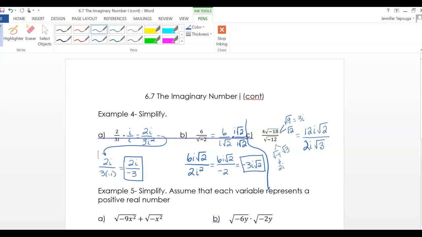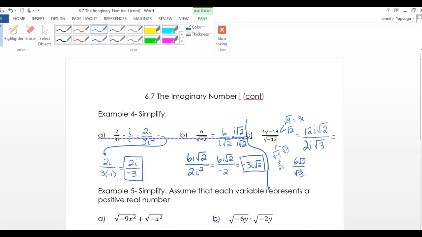Before we move on, we can simplify this fraction before we take care of rationalizing the denominator. So I've got 12i divided by 2i, so that's just going to be 6 times the square root of 2 over the square root of 3.